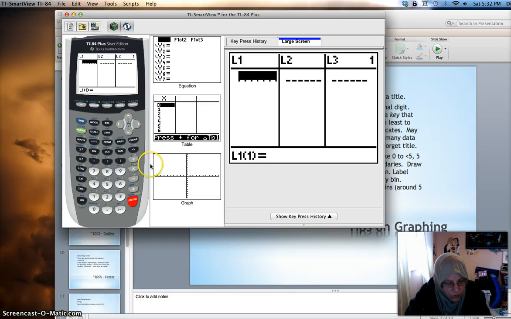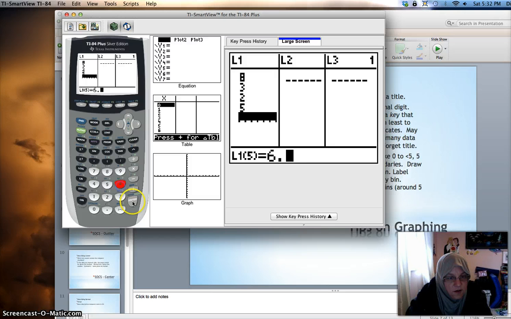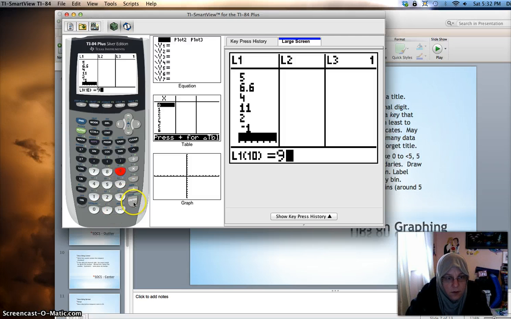And then let's just put some numbers in there: 8, 3, 2, 6.6, 4, 11, 2, -1, 9, 15, 6, 8, 7, 7.2, 5, and so on and so forth. I'm just making up some numbers, as many data points as you want.